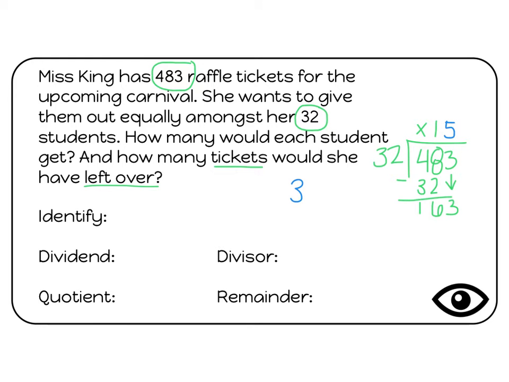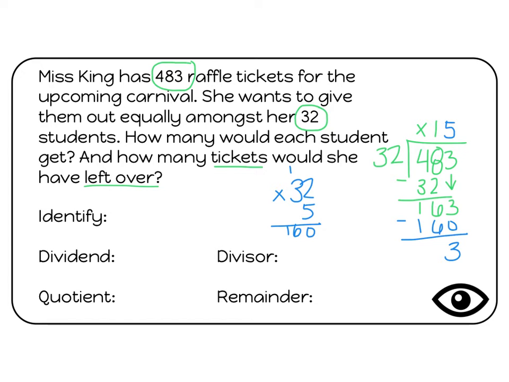So 32 times 5. 2 times 5 is 10. 5 times 3 is 15, plus 1 is 16. Oh, perfect. So 160 is really close to 163, which means we have a remainder of 3.